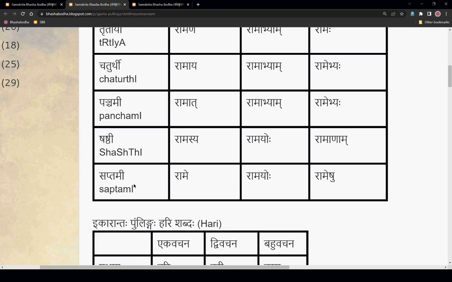So in place of santi, if you want to say they live or they dwell in the forests, what is the kriyapada we use in place of santi? Vasati. Bahuvachanam is vasanti. Khagaha vaneshu vasanti.